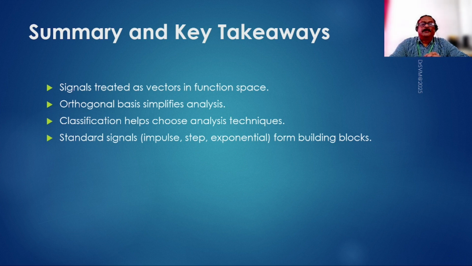If the response matches an earlier known response, then we can claim that the current unknown system is in some way similar to the system which was used earlier to get the similar response. So these are the different ways to understand the system.